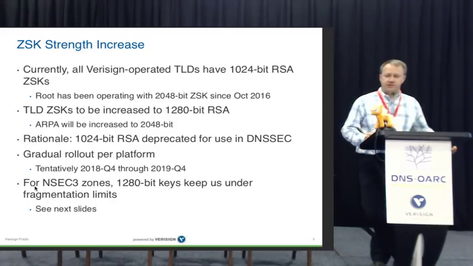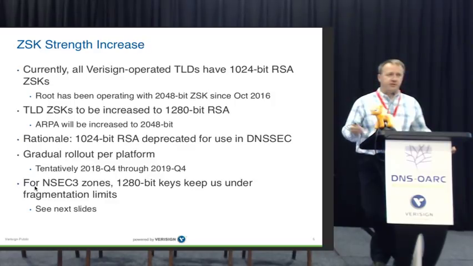The root, of course, has had a 2048-bit ZSK since October 2016. All of our TLDs will be increased to 1280, with the exception of ARPA. ARPA is the one TLD that uses NSEC instead of NSEC3. So for ARPA, we'll go to 2048, just like the root.